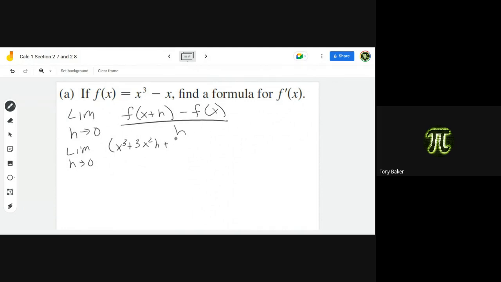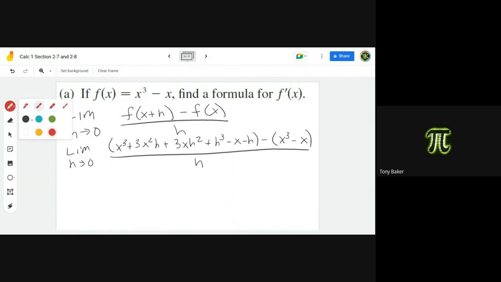Plus 3xh squared plus h to the third minus x minus h minus x to the third minus x, all over h. Okay.